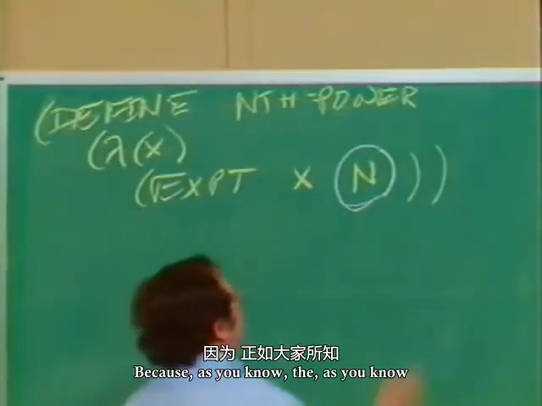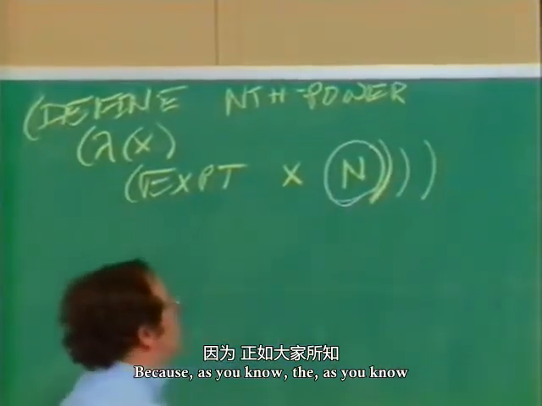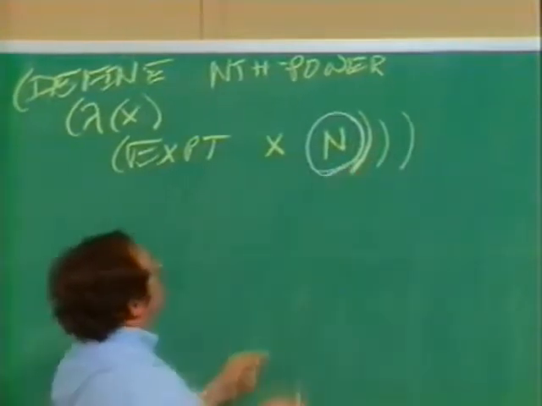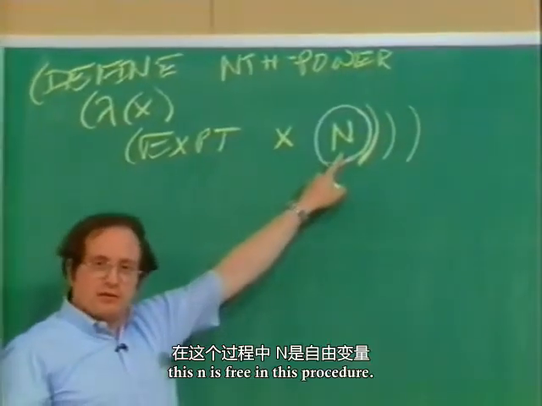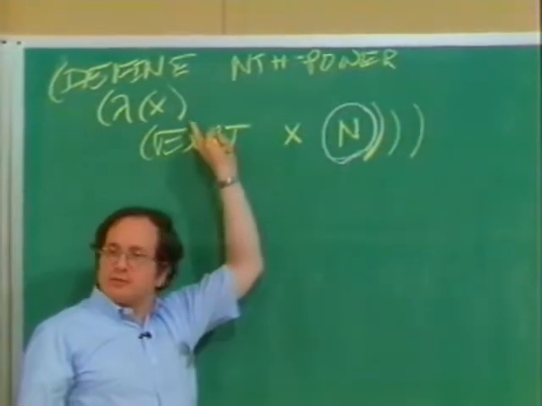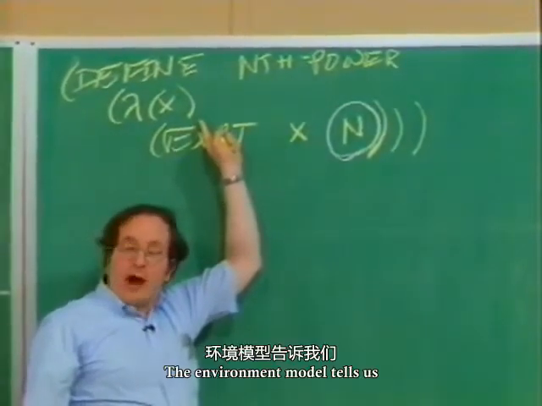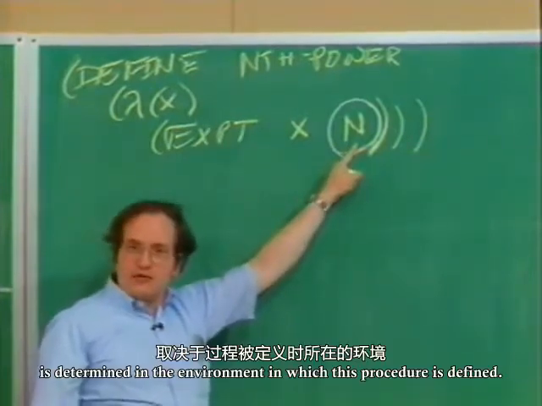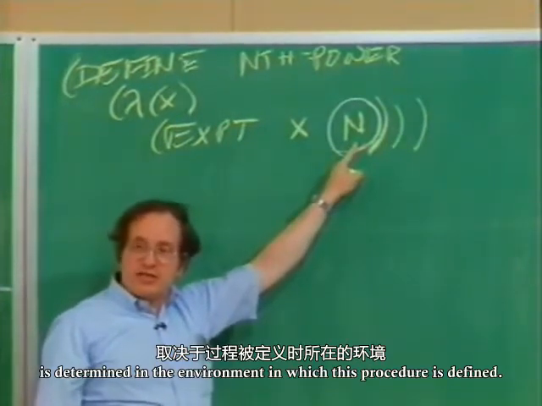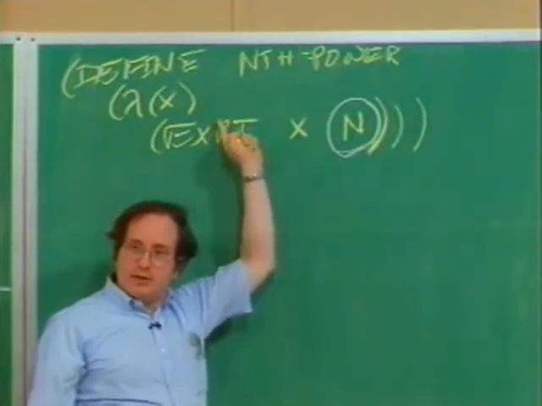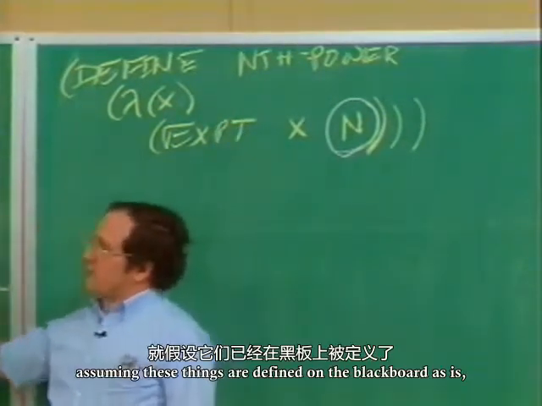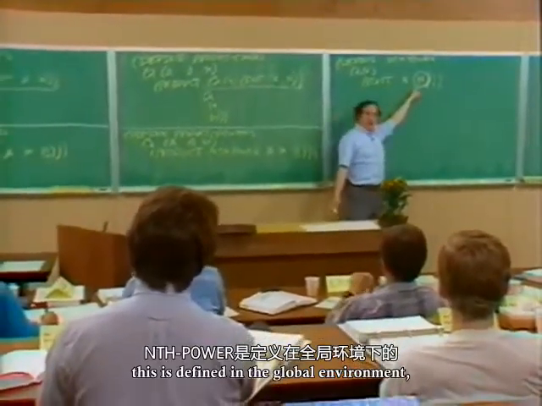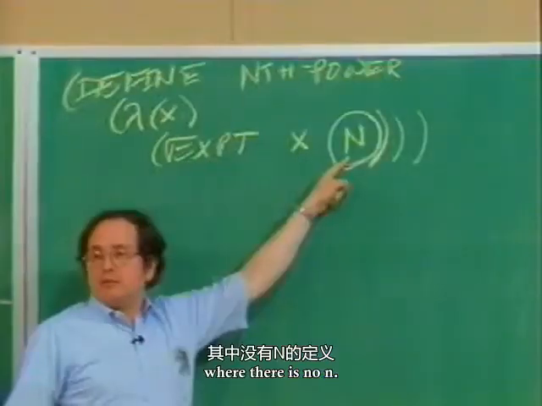Okay? Because, as you know, this n is free in this procedure. The environment model tells us that the meaning of a free variable is determined in the environment in which this procedure is defined. In the way I've written it, assuming these things are defined on the blackboard as is, this is defined in the global environment, where there is no n.